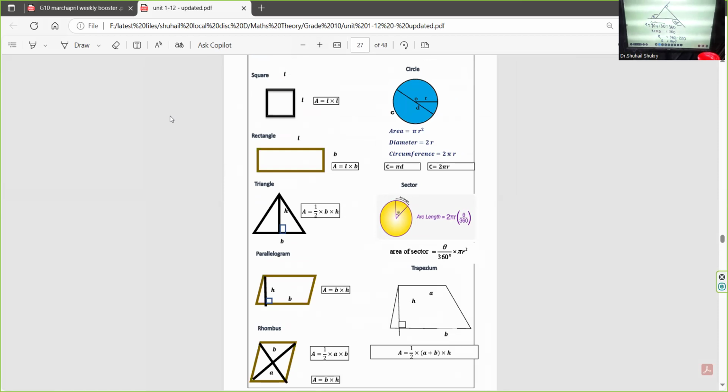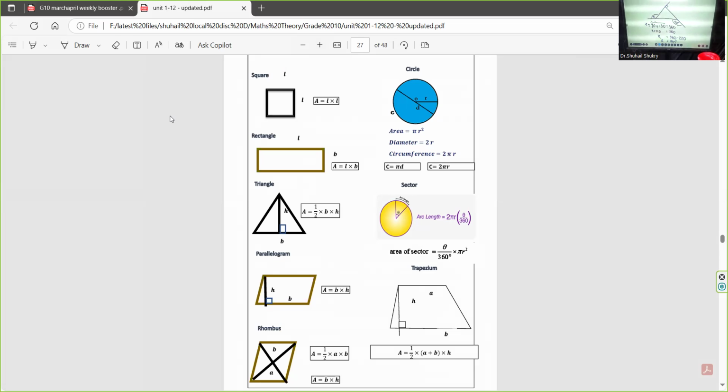That day I taught you all these formulas. Can you remember that? I told the people who were present on that day, these are the formulas. And I said the only shape which has two formulas is a rhombus.